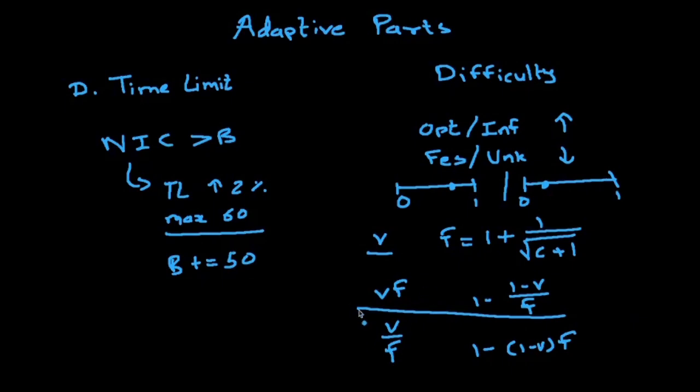And when we want to decrement it, we can take a similar approach, which is we take the maximum of either v by f or 1 minus v times f. So it is first taking the mirror image, then incrementing it by multiplying it with this factor f, and then finally taking the mirror image again by subtracting it from 1. So this one will increase the difficulty and this one will decrease the difficulty.